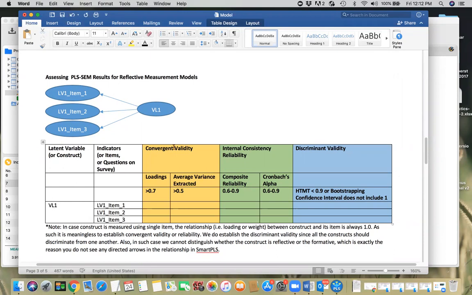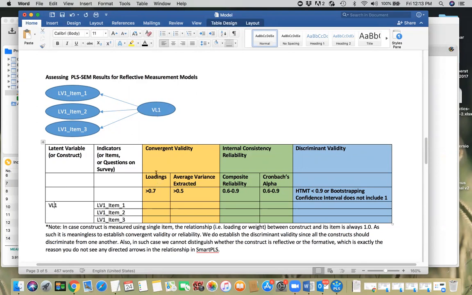Okay, that's our construct here. It has 3 items, and since it is a reflective measure, we expect high correlation between them. We have to assess the validity and the reliability. So we have to assess the convergent validity, the internal consistency reliability, and the discriminant validity. Now convergent validity simply means how well these items are measuring this construct here.